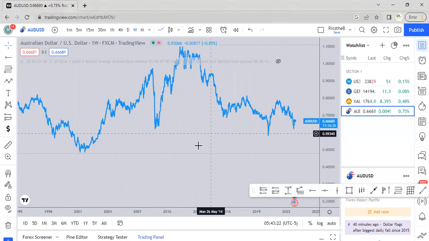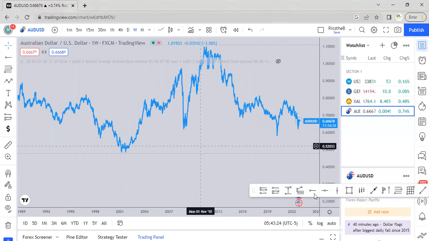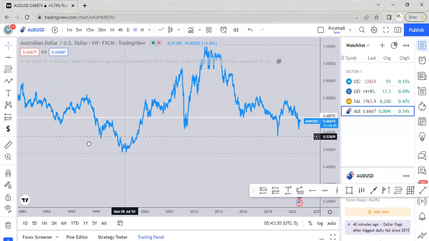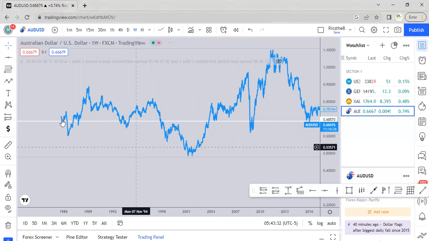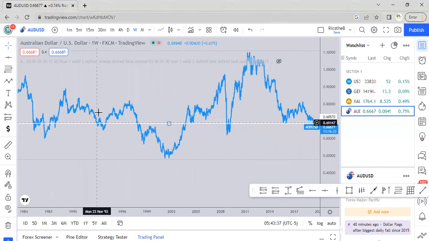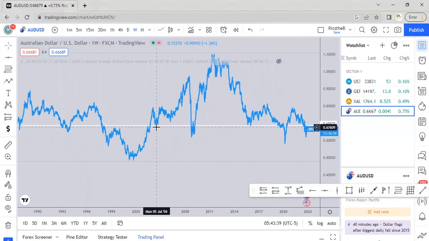So we would be looking for areas where we can see a lot of rejection happening. For instance, we have this zone where we can see at this particular time, even coming back, there was rejection at this area, again rejection at this area. At this particular time this area acted as a resistance area, rejection, then again turned to support, rejection.